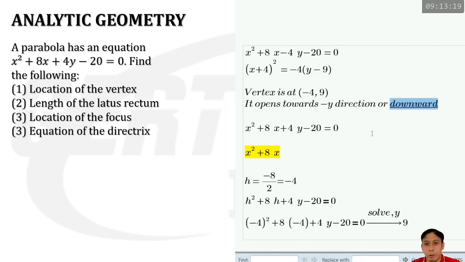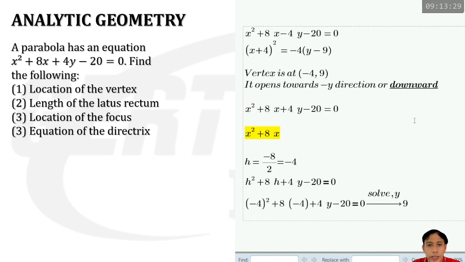If it became positive, it was initially positive, but if it became negative, it would become positive when transferred, which means this should open upward, if that were the equation, but initially it's plus for y. See? It can be shortcut.